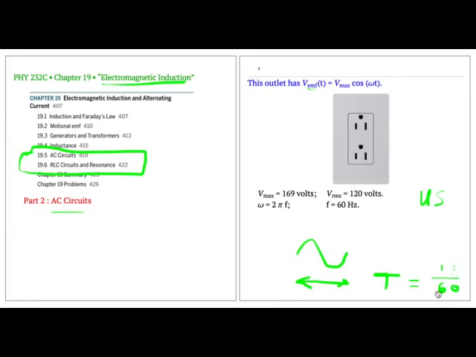So 60 of these cycles would take 1 second.